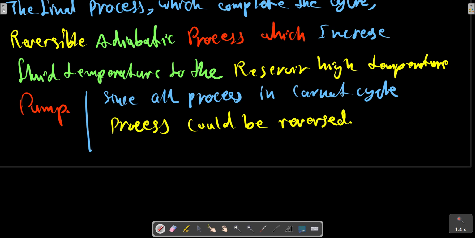The refrigerator is shown by the dotted arrows and text in parentheses.